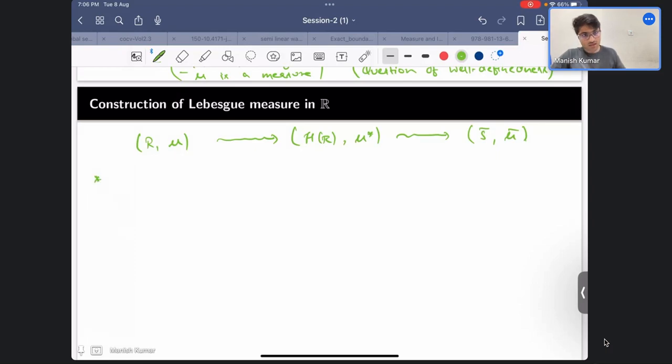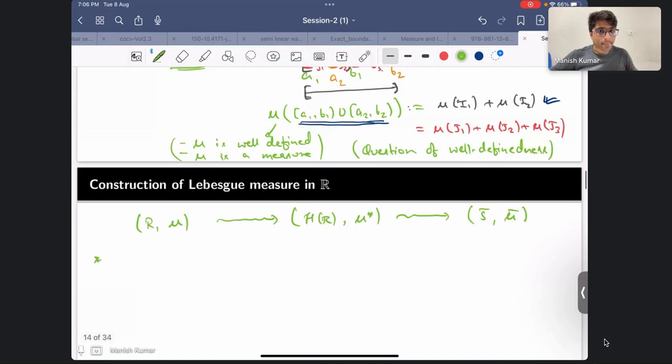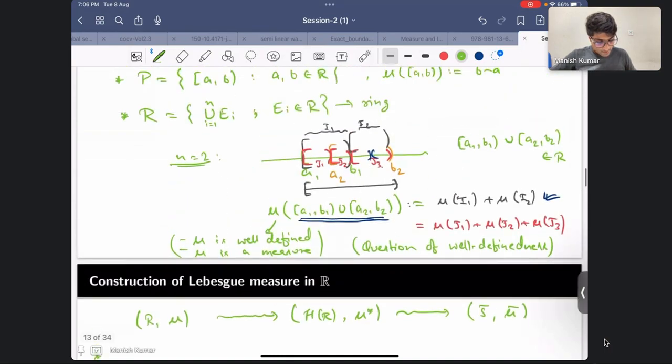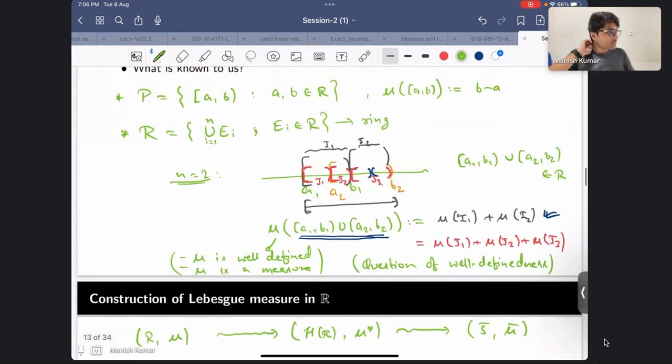So the ring is defined as the union of E_i. It just says that if I choose some element E from R, it should be a finite union, from i = 1 to n, of intervals of the form (a_i, b_i).